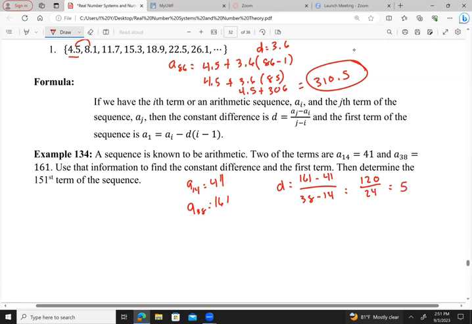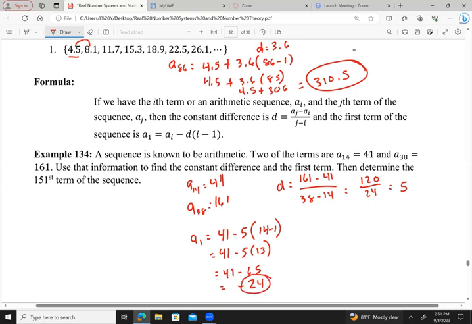So we now know D. Now to find a sub 1, a sub 1 equals a sub i, which is 41, minus D, 5, times i, which is 14, minus 1. So we have 41 minus 5 times 13, 41 minus 65, negative 24.